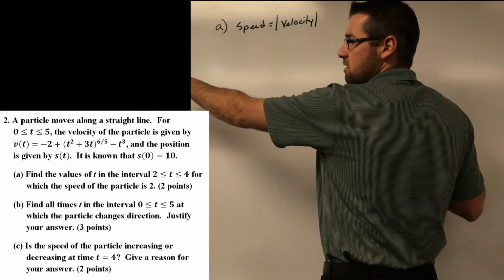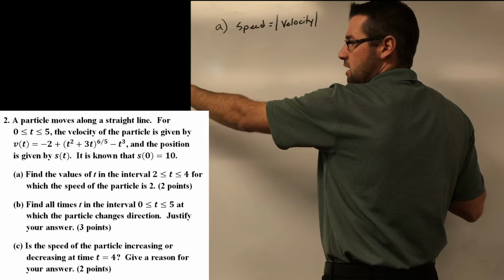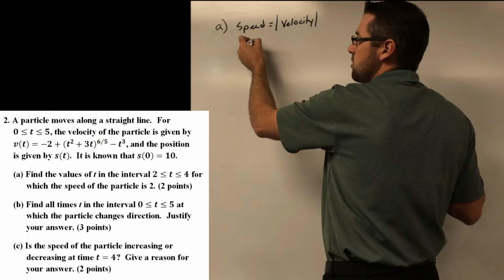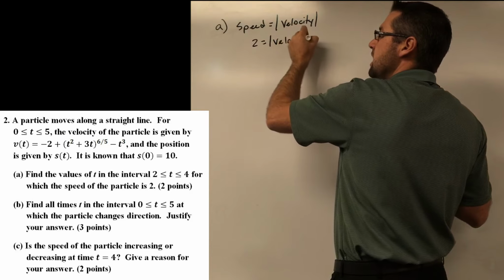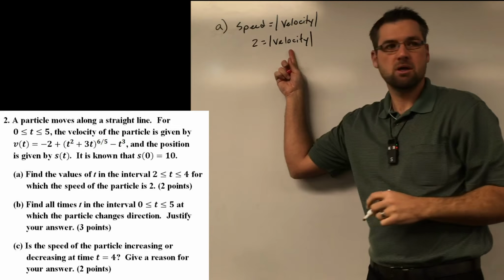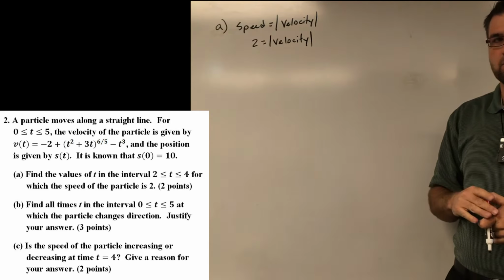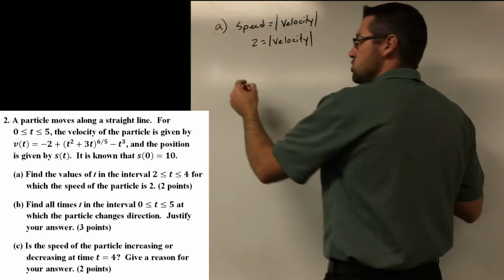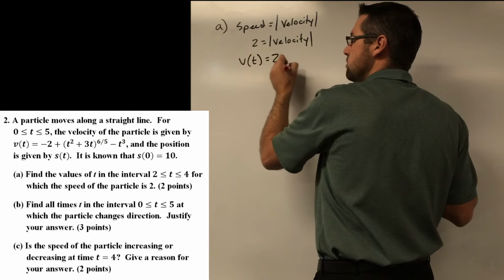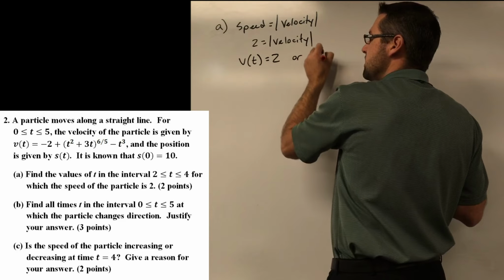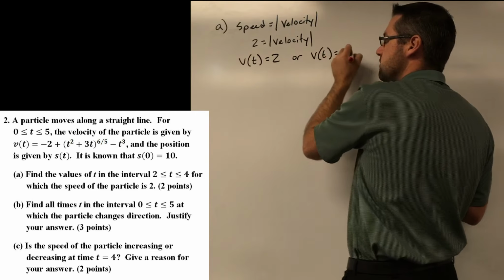It says find the t values in that interval when the speed is 2. So I'm going to plug in 2 to speed. If speed is 2, then what's velocity? 2 or -2. So we are looking for when v of t equals 2 or v of t equals -2.